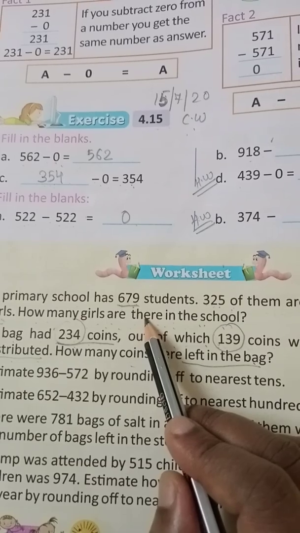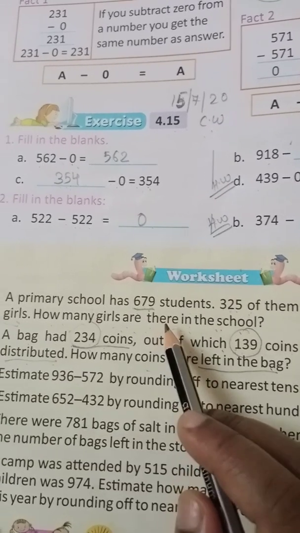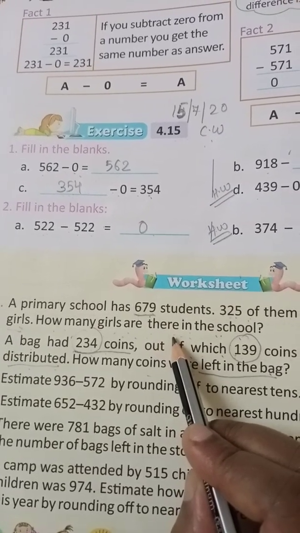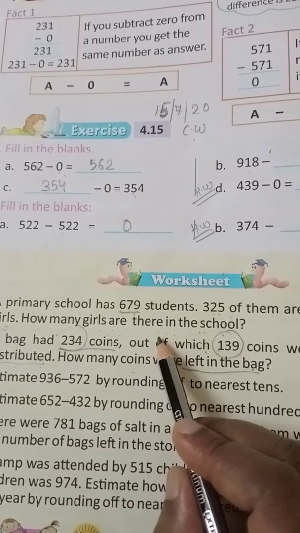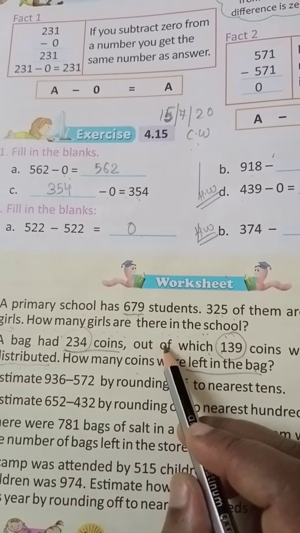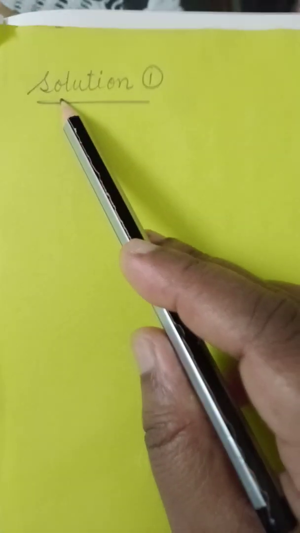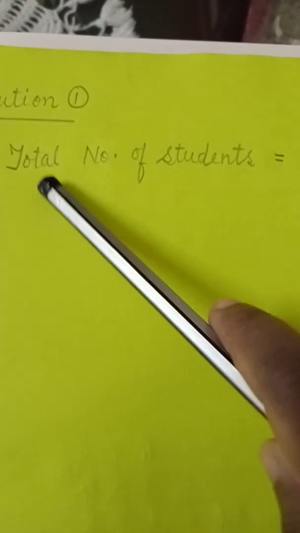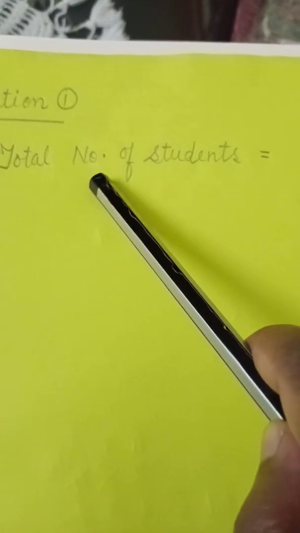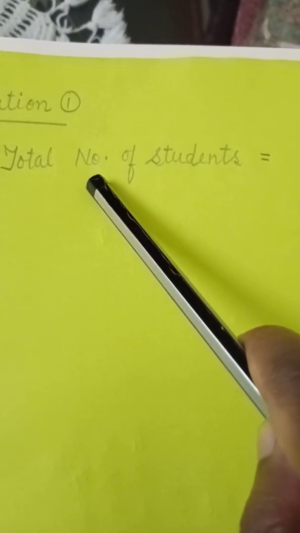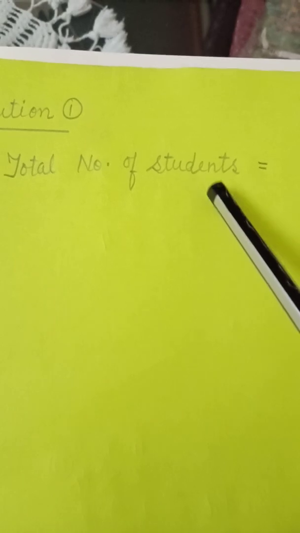But this is a word problem, children. In a word problem you need to write the statements. Let's see what the statements are. In statements, first of all write solution. Okay children? Then write total number of students. NO is the short form of number. Total number of students, then put the equal to sign.